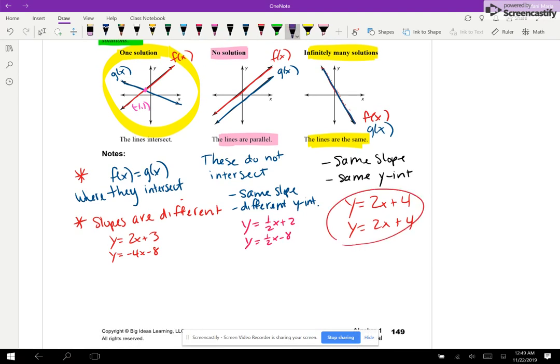They might show them in standard form, like x plus y equals 2 and 4x plus 4y equals 8. In this pair, the top equation can be multiplied by some number to get the bottom equation, in this case 4, times 4. That means it's a dependent system where you're only going to see one line.